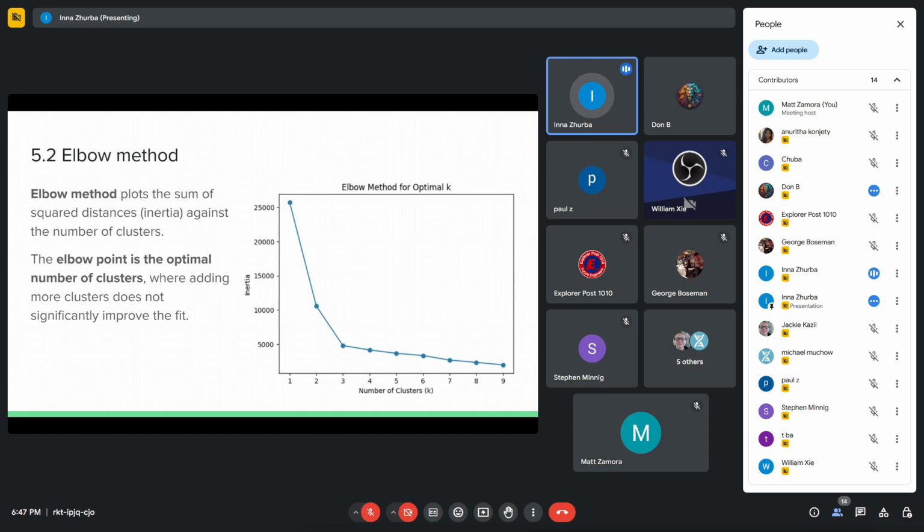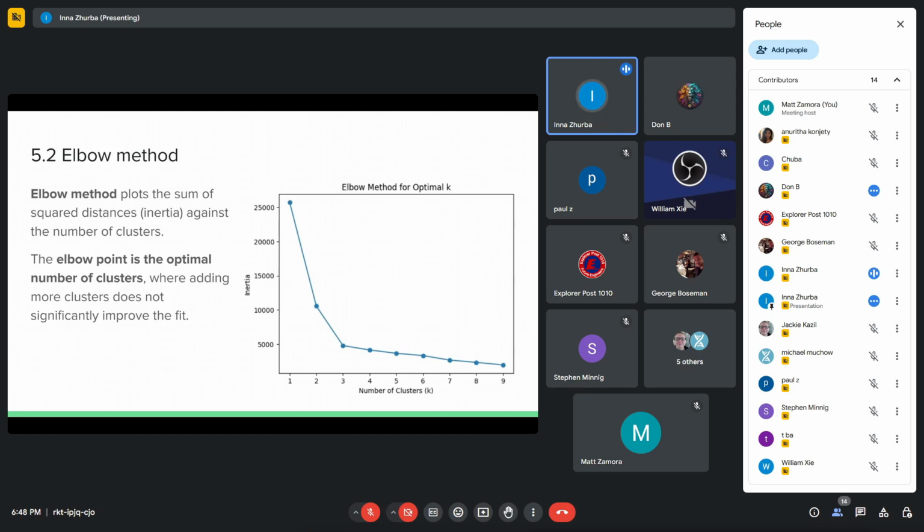The goal, as I mentioned, is to find this elbow point where the curve bends, and this would indicate the number of clusters. Beyond this point, adding more clusters doesn't significantly reduce the inertia.